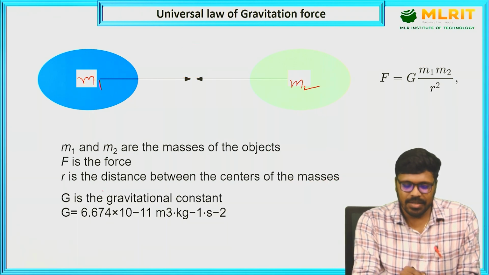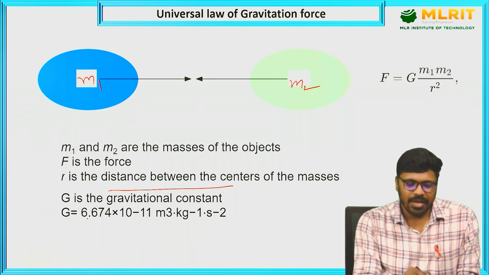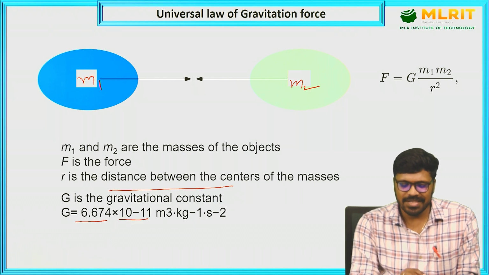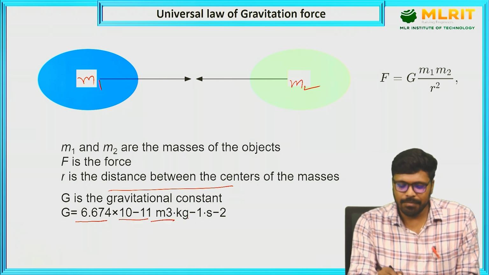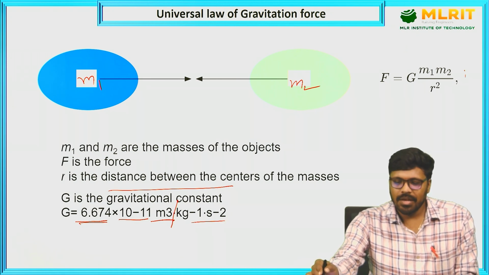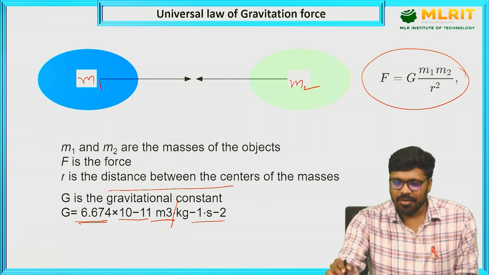G is the universal gravitational constant, and its value is 6.674 into 10 to the power of minus 11 meter cube per kg second square. So, this is the universal gravitational force F.